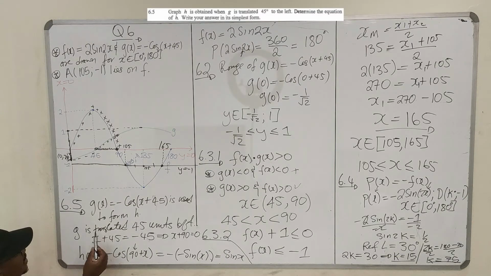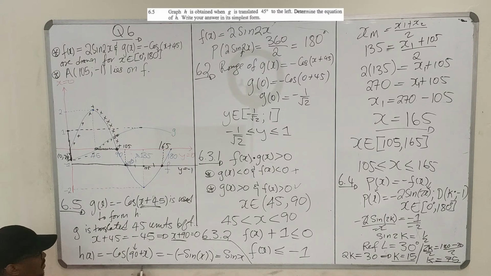Because you say, okay, my function g is translated to form h, right? And g is translated 45 units left. So which means this is equal to minus 45. And then transpose the 45, it becomes x plus 90. Then you take this back to where it's coming from, and you have negative cos of 90 plus x, right?